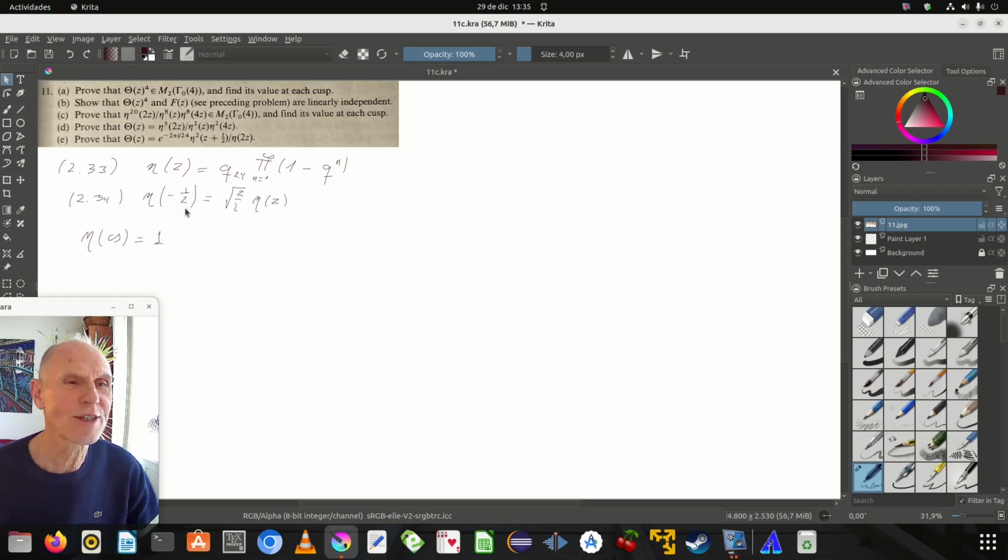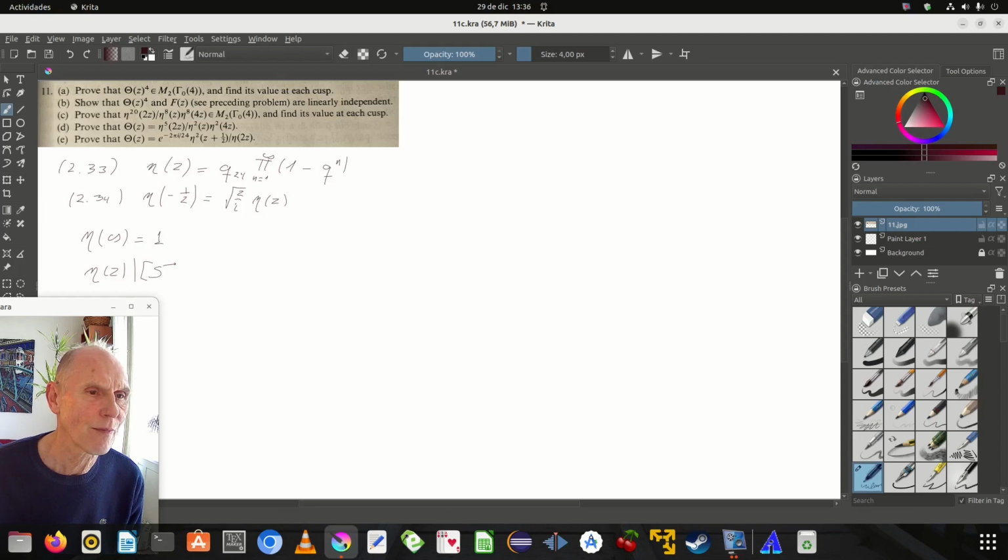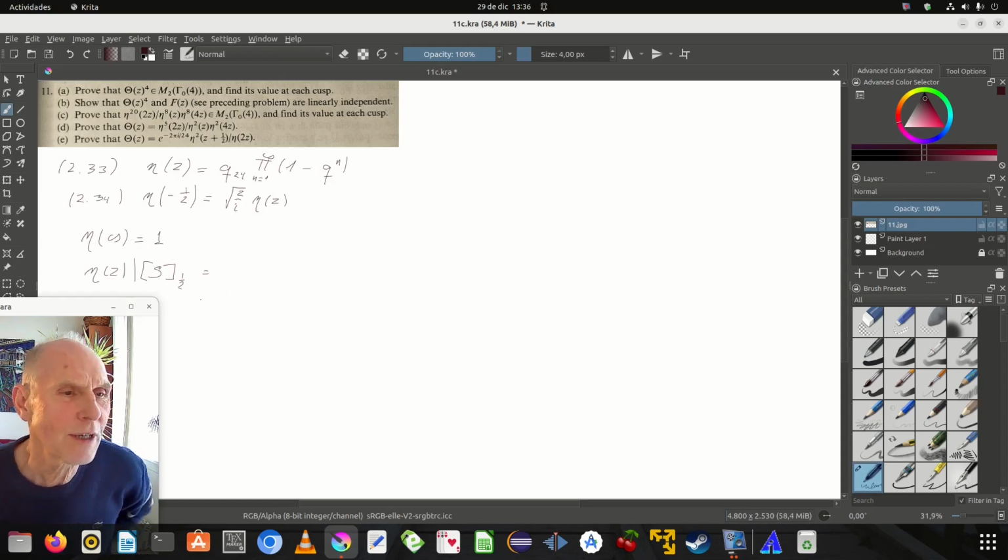Working on the success of letting k be 1/2, let's write this. It's an equation where we operate on eta z with s of order 1/2.